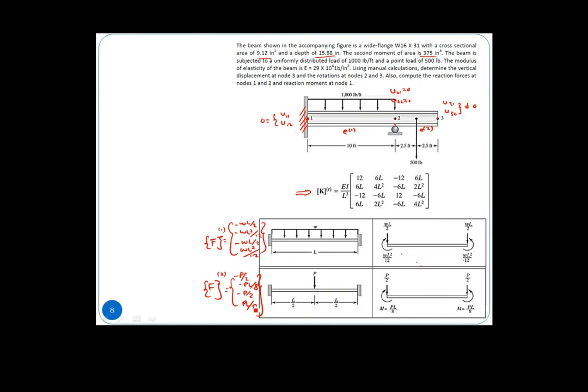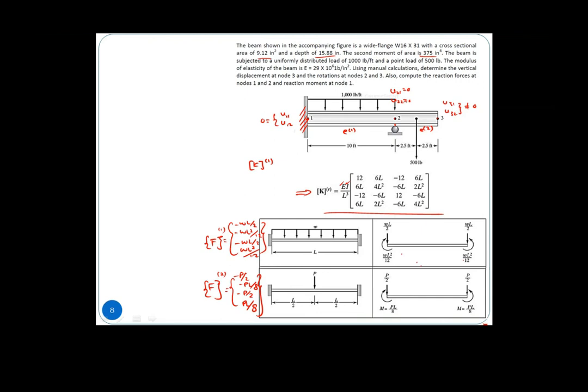So for our first stiffness matrix, of course, you can use the elemental stiffness matrix in general. But then our E will be the same, because the same materials. I will be the same because it's the same beams. Then the L will be different.